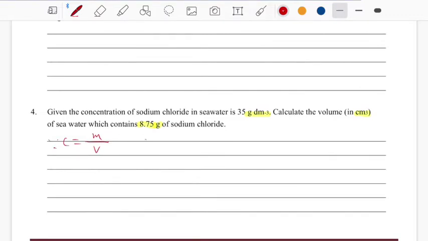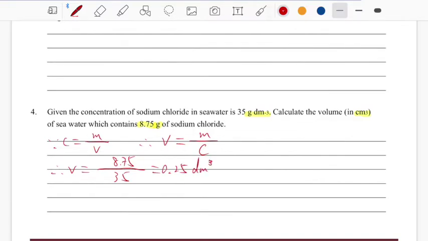So the volume should equal the mass divided by the concentration. So the volume of the seawater equals mass, which is 8.75 gram, over 35 gram per dm cube. That will give us 0.25 dm cube.